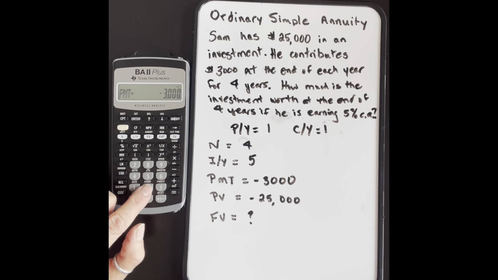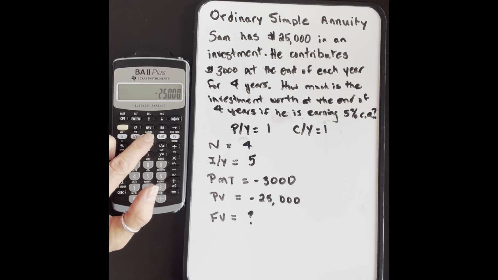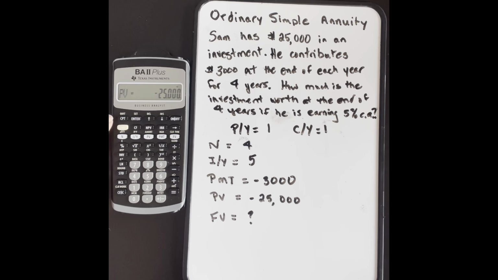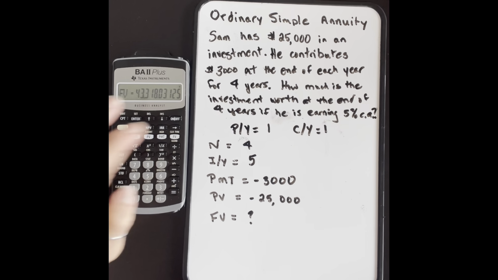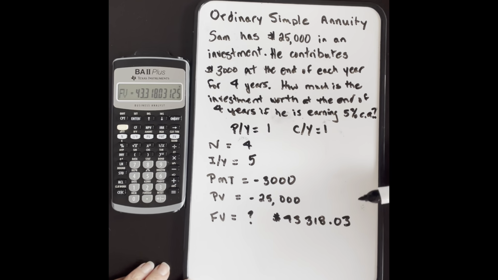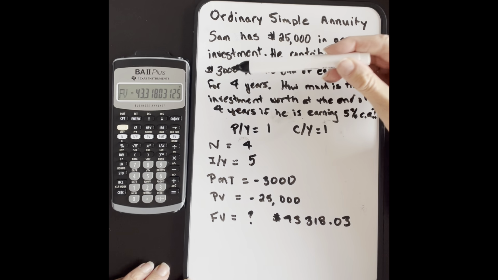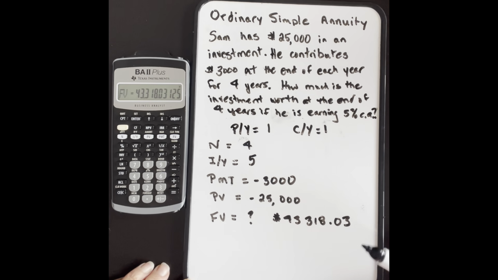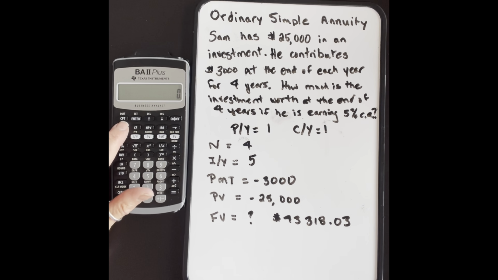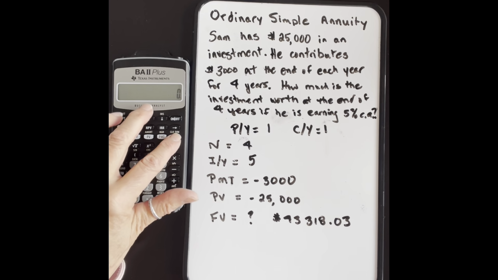Present value is negative 25,000, so change sign, present value. And now let's compute future value. So the future value of that investment that started off as 25,000 and then included these additional payments will be $43,318.03. Let's clear the display and clear TVM.